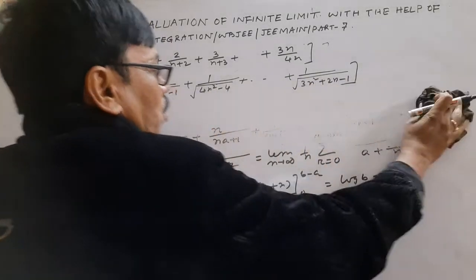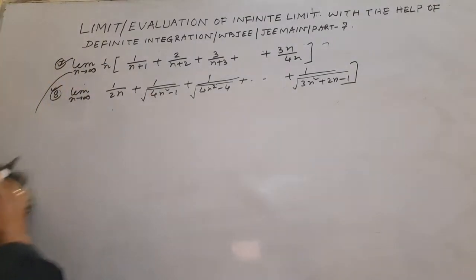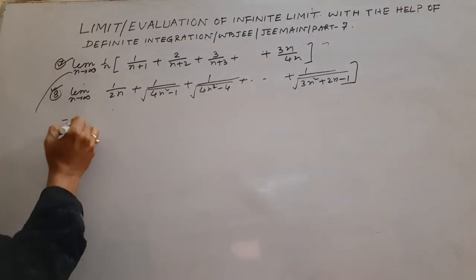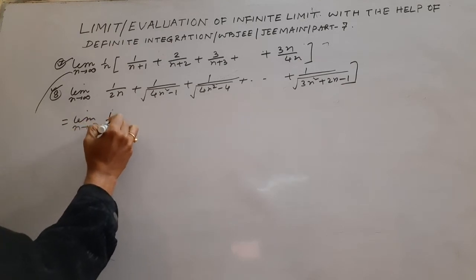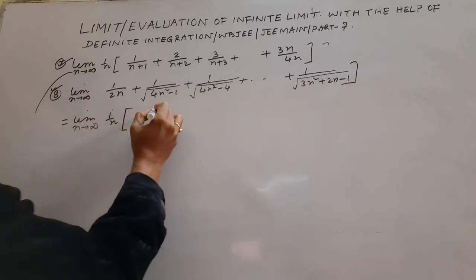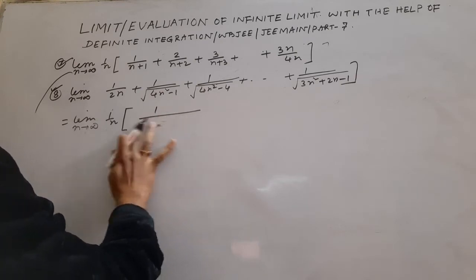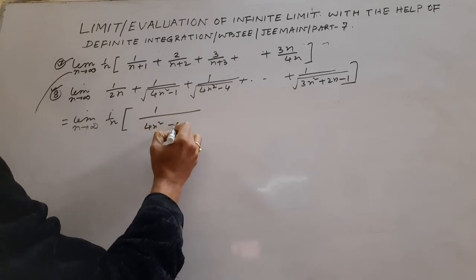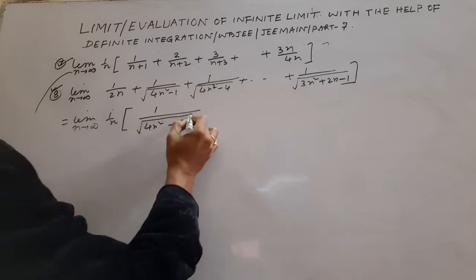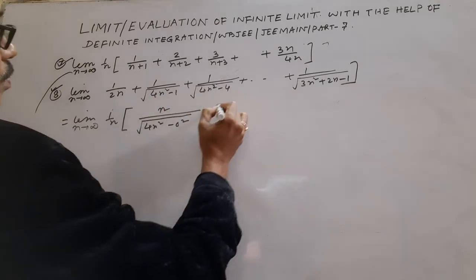Now problem number 8. Limit n tends to infinity. 1 by n is not coming, so this one we can write as n by 4n square minus 0 square, and it is balanced by n.